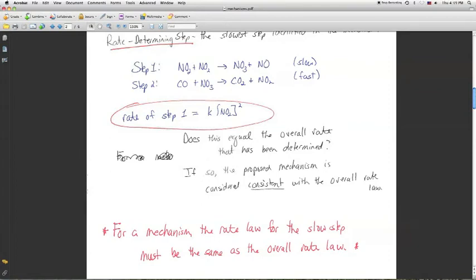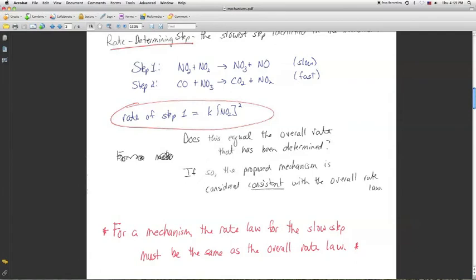So back up here to my example, the first step is identified as the slow step, and its rate, the rate of just that step, would be k[NO2]^2, because there's a coefficient of 2 here. Now, does this equal the overall rate? It would have to.